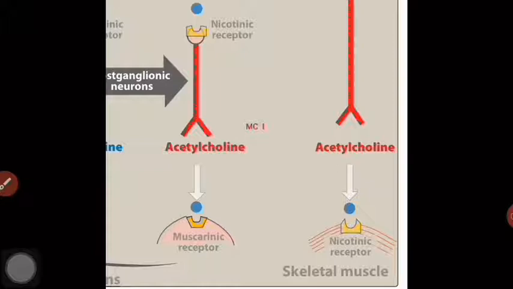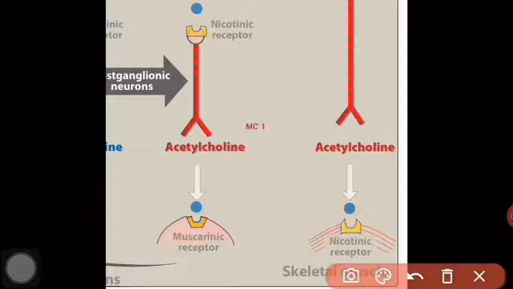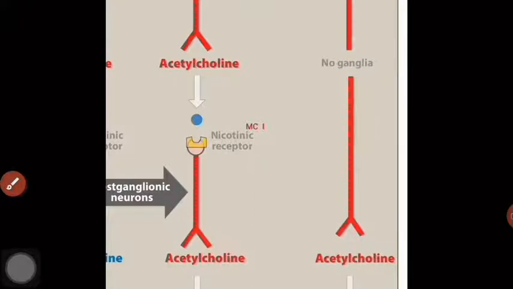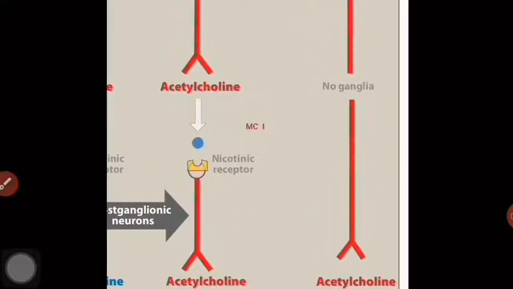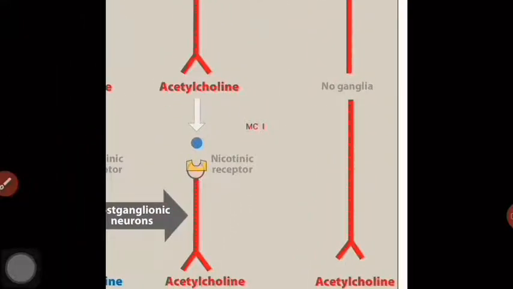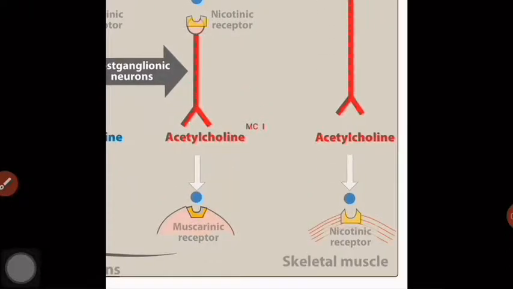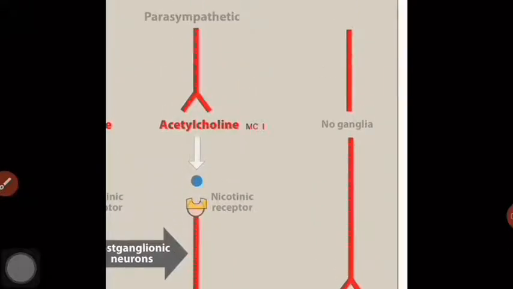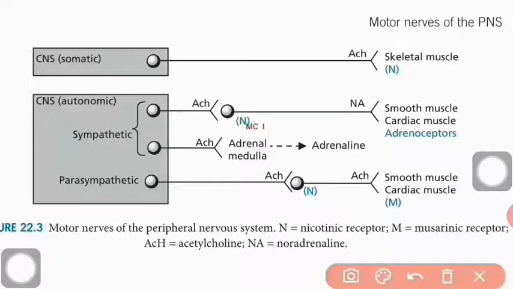In the case of the muscarinic receptor, we have the ganglion, whereas the nicotinic receptor does not have a ganglionic point. The somatic nervous system has nicotinic receptors and it innervates skeletal muscle.